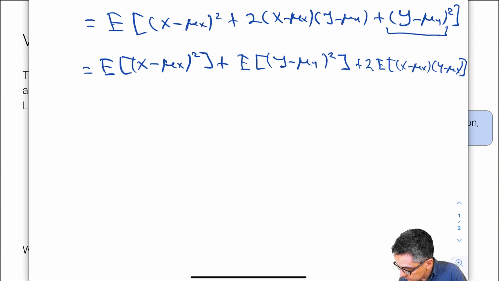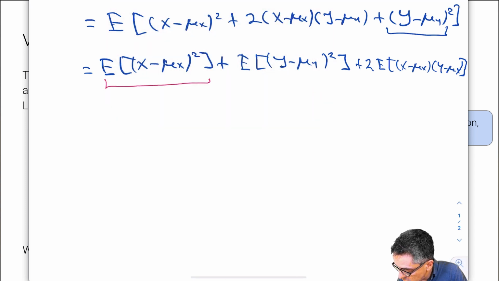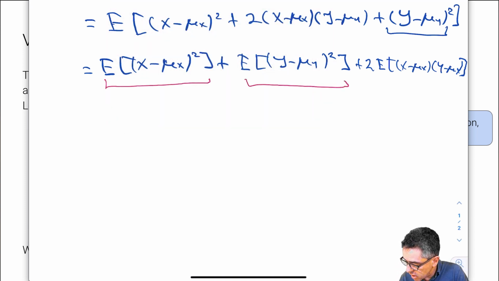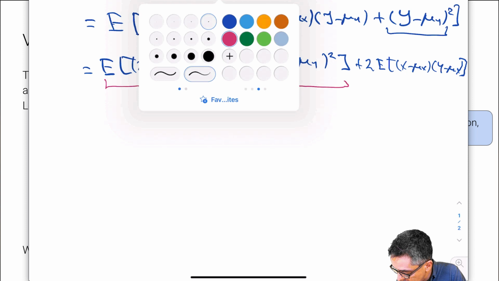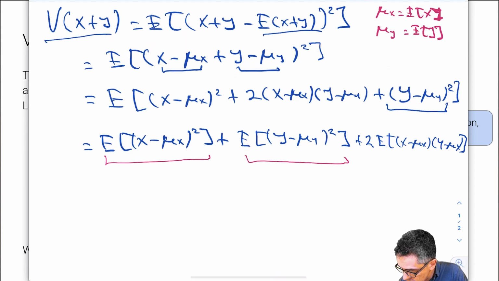Now let's think back about our definitions. What do these two terms look like? The expectation of a random variable minus its expected value, squared: the expected value of the squared deviation from the mean. This is exactly what we have defined as the variance. So we're looking at the variance of x plus y.